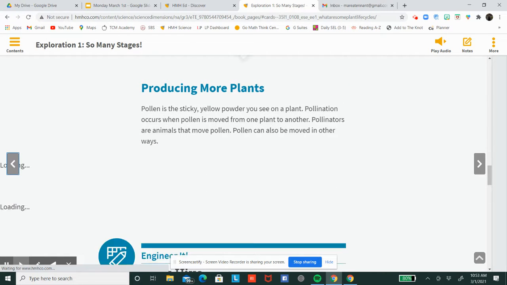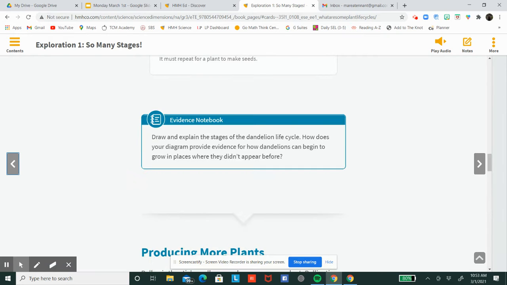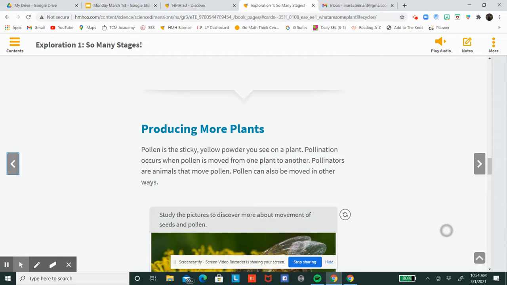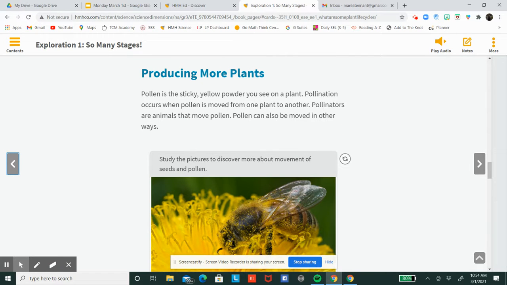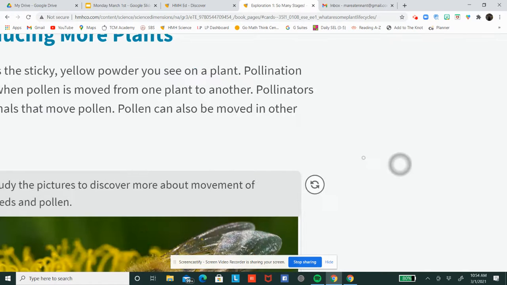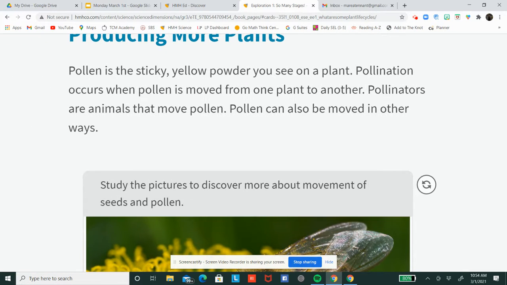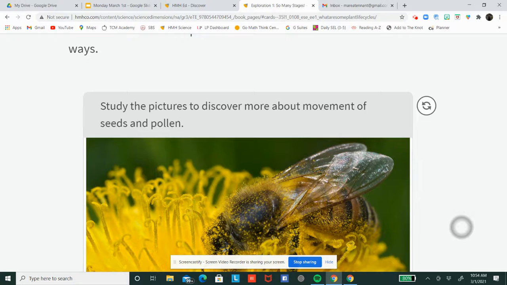So now we're talking about pollen. So pollen is the sticky yellow powder you see on a plant. Pollination occurs when pollen is moved from one plant to another. Pollinators are animals that move pollen, and pollen can also be moved in other ways.